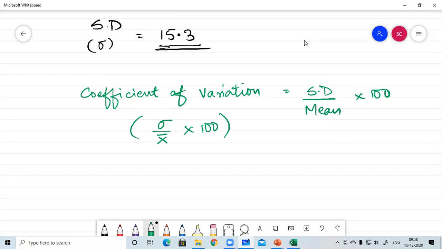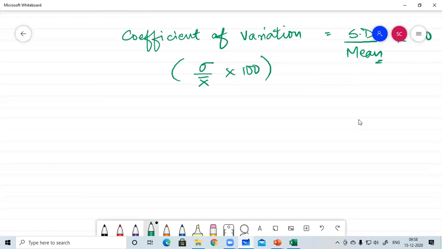Now, the next thing I need to calculate is mean. The formula for mean yesterday in ungrouped data was sigma x upon n. But now when it's grouped data, it is sigma fx upon n.